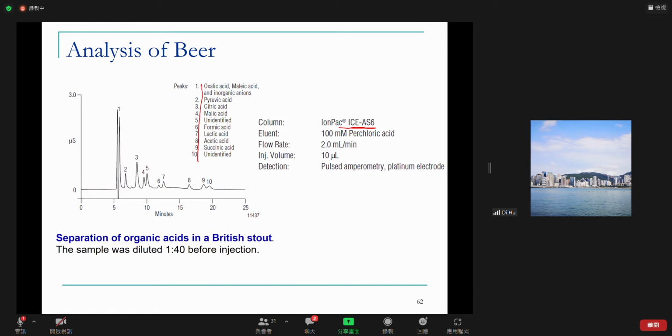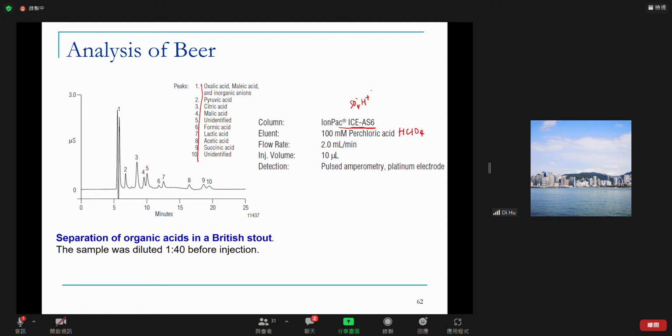So that's why you use perchloric acid, a pretty strong acid, much stronger than those acids. The stationary phase is sulfonate, so the counter ion is hydrogen.